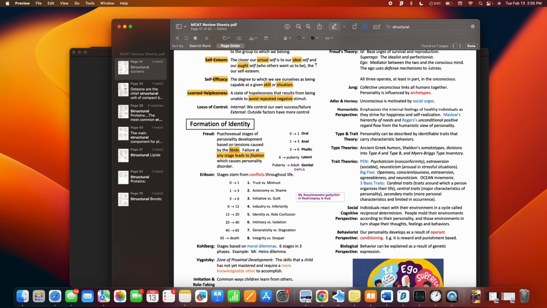Stacking: stagnation versus generativity. Dick is despair. Sucking dick desperately.